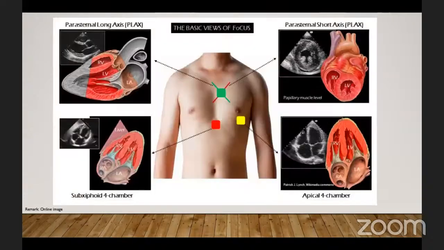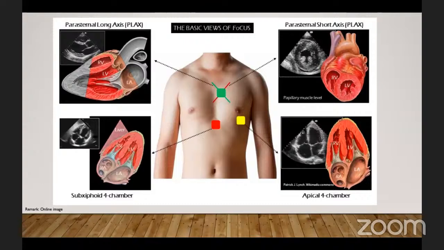It's obvious in these images, the common or basic probe locations for echocardiography. The first one, in green, is the parasternal, from which you can get the long axis plane. From that, you can see the parasternal long axis image, showing you part of the RV with the LV, LVOT, the aortic valve, and the mitral valve.